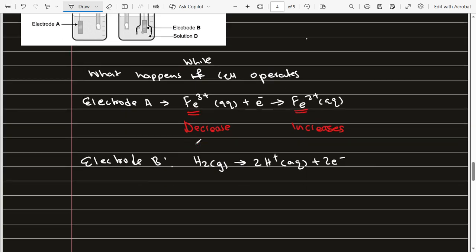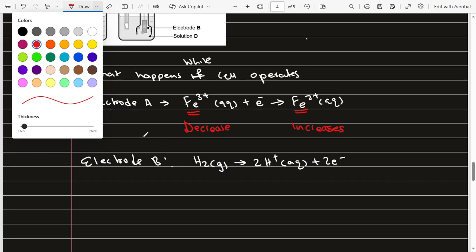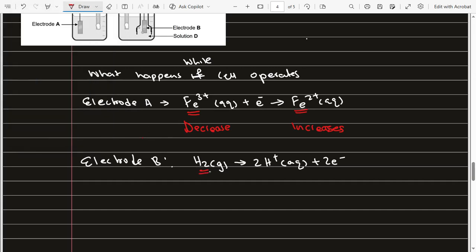So we can see that the H2 is the one that is decreasing. The one on the reactants decreases, and the one on the product is the one that is increasing.